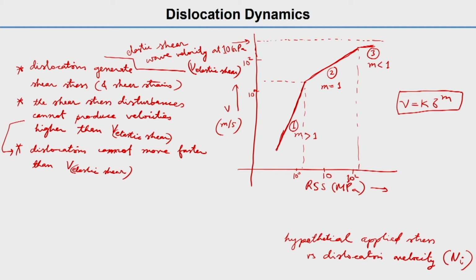Now coming to these three regions, why this for the nickel alloy? As I told you, this is for nickel. Although it is hypothetical, the trend is similar. These three regions represent three different mechanisms of plastic deformation.